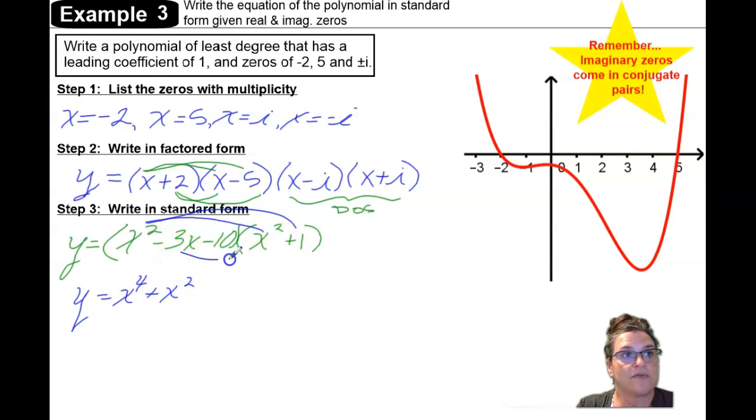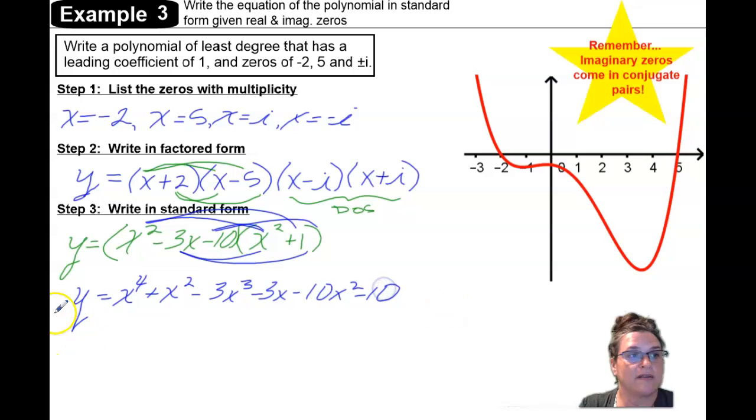Then negative 3x times x squared is negative 3x to the 3rd. Negative 3x times 1 is a minus 3x. And then our constant, negative 10 times x squared, is negative 10x squared. And negative 10 times 1 is minus 10.